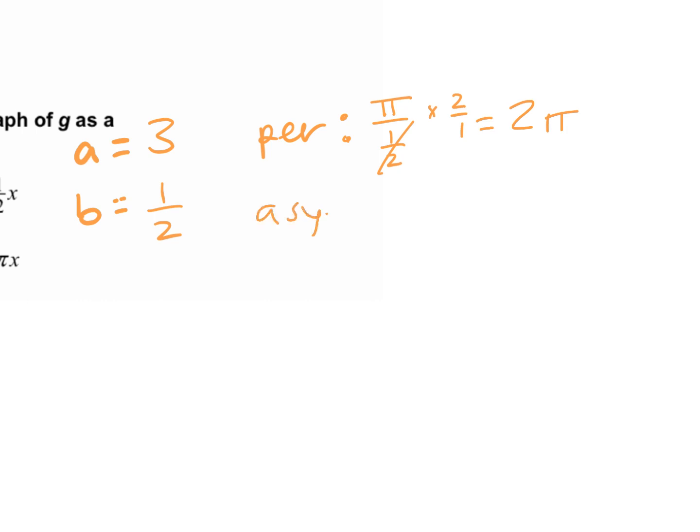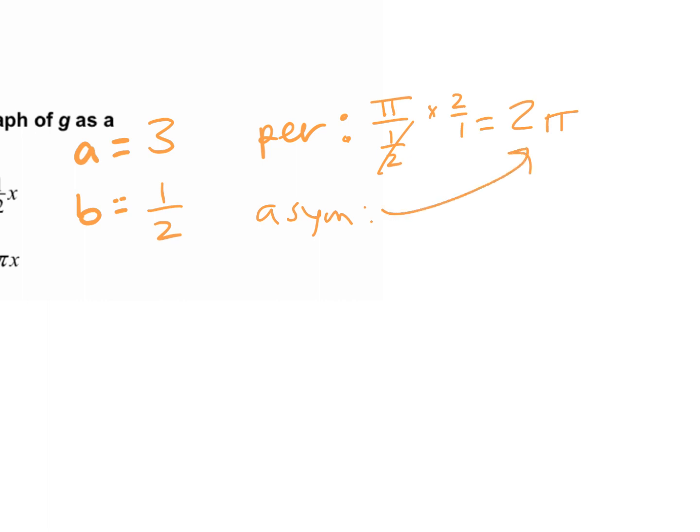What is our asymptote here? How do we find the asymptote? Not for cotangent. What's our asymptote for cotangent graphs? Anybody know?